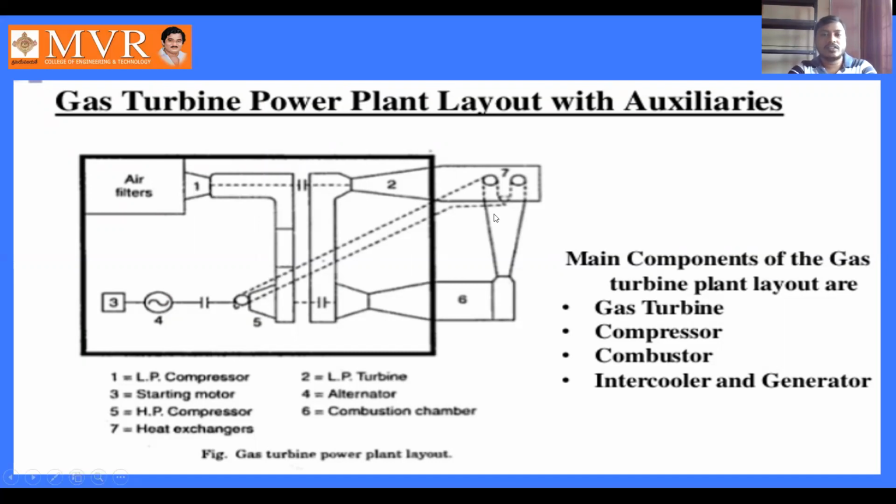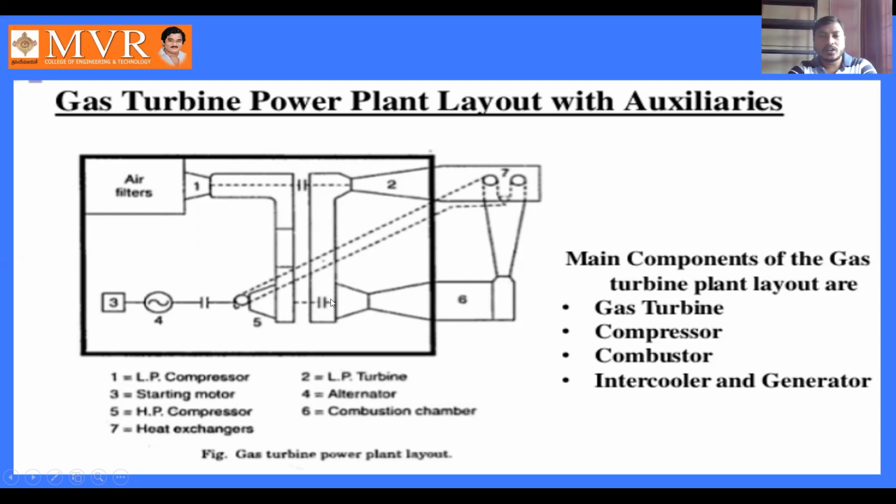From the heat exchangers, it enters the combustion chamber, where combustion takes place, and enters the high pressure turbine, where the energy is converted into heat energy, and the heat energy into mechanical energy. The mechanical energy is transferred to the alternator. The alternator converts the mechanical energy into electrical energy.